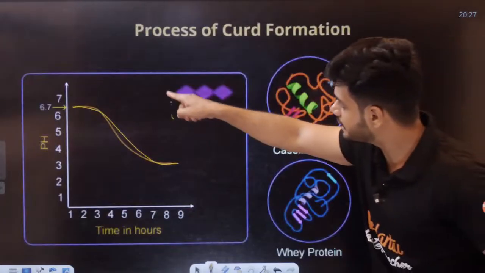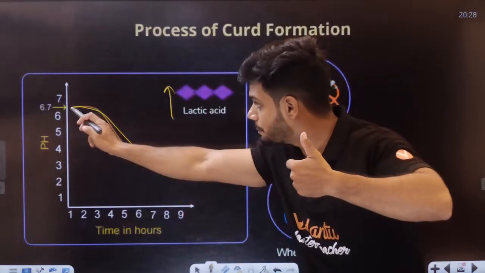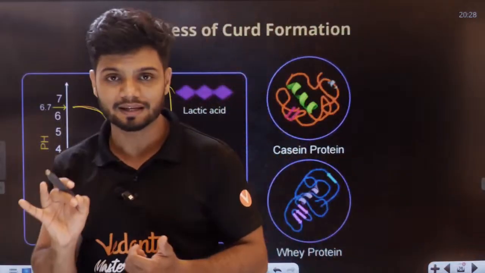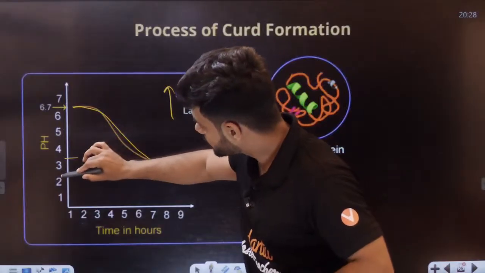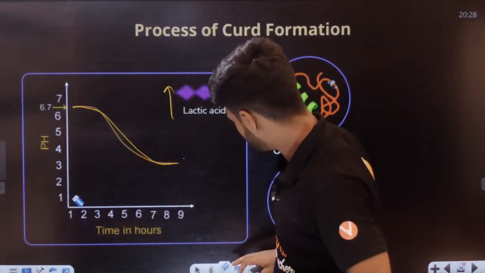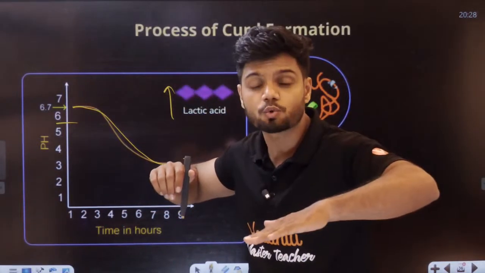Because of the increase in lactic acid, what happens? The pH drops. Students, if there is a decrease in pH, let's say it drops to 6, because it doesn't go that much lower, what happens?